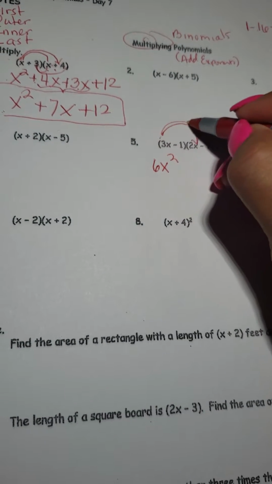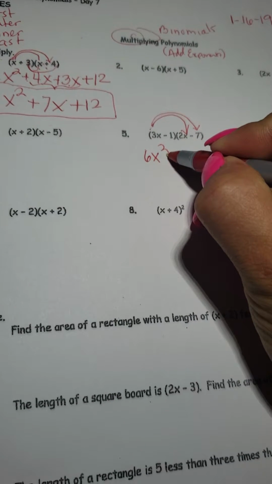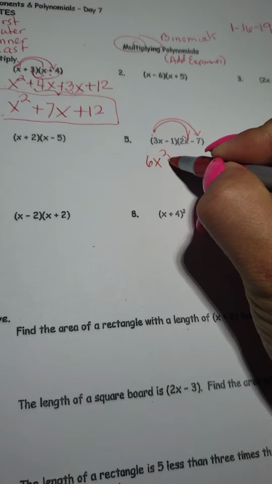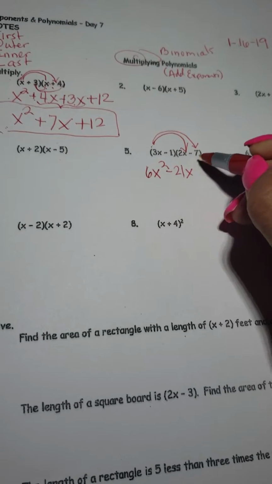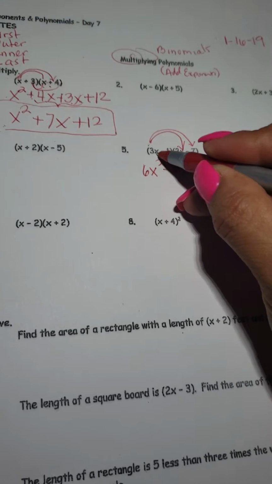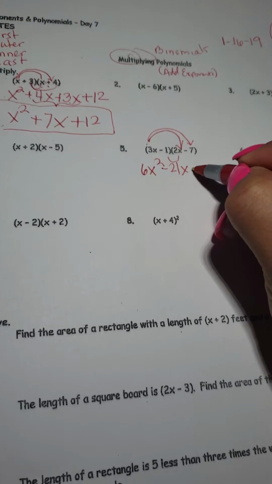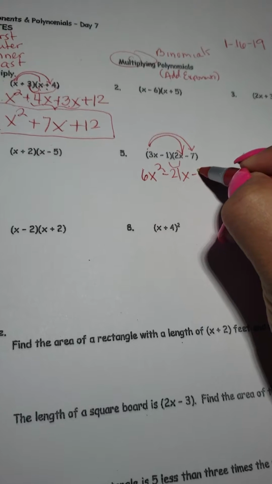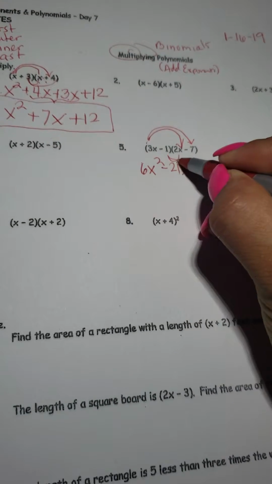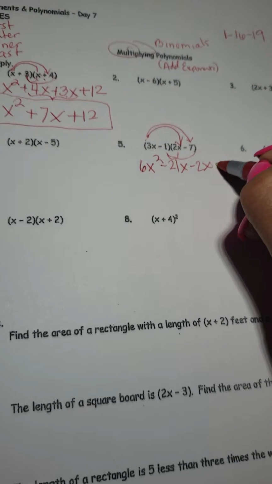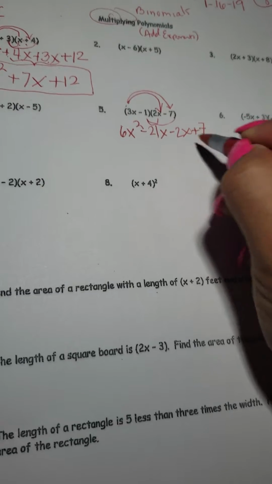Then we do 3x times negative 7, which is negative 21x, right? 3 times negative 7 is negative 21, and since it has an x, you bring it along. Then we do negative 1 times 2x. Negative 2x, that is correct. And then the last one here, negative 1 times negative 7. Positive 7. Careful with those signs.